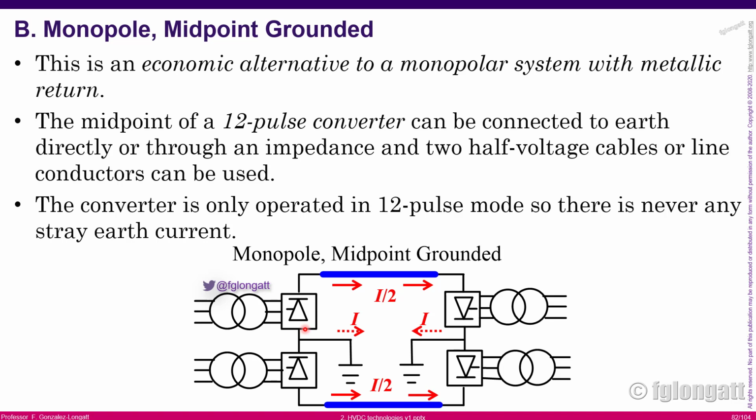This configuration is especially useful if you are using LCC converters and the classical 12 pulse converter. In that case, you can use different impedance for the lines, and you can keep the balance of the voltages of those poles, okay?